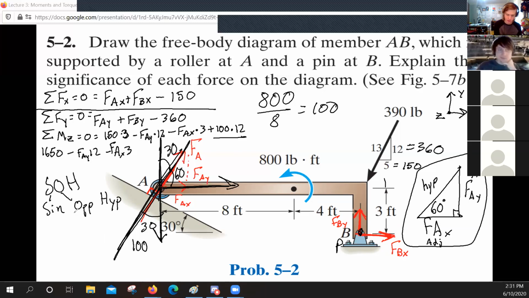So sine is opposite over hypotenuse, cosine is adjacent over hypotenuse, and tangent is opposite over adjacent.